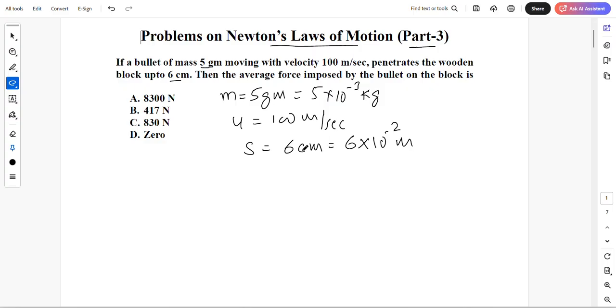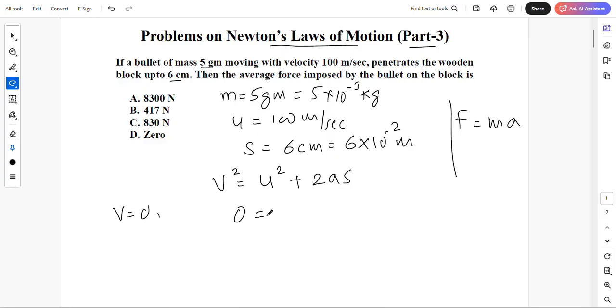Now we are supposed to calculate force. Force is given by mass into acceleration, so you should calculate acceleration. Which equation of motion can I use? I can use v square is equal to u square plus 2as. Here the bullet penetrates the wooden block and v is equal to 0.